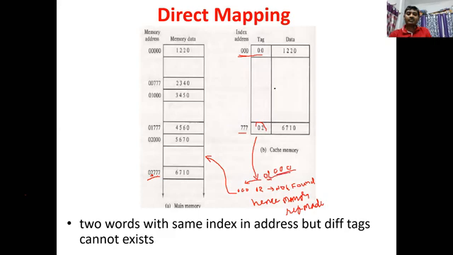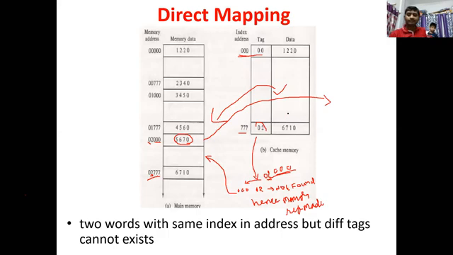A memory reference will be made from here to here, to 02000, and the content 5670 will be taken from this and sent to the processor through the cache memory.